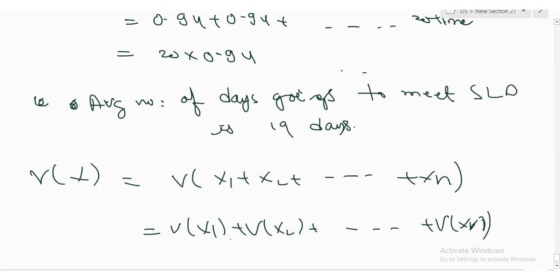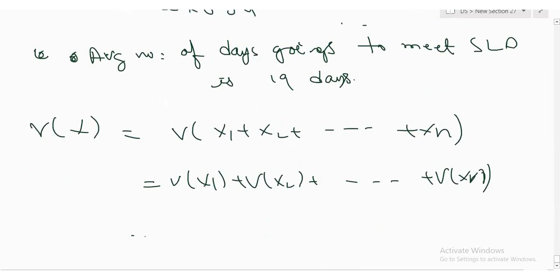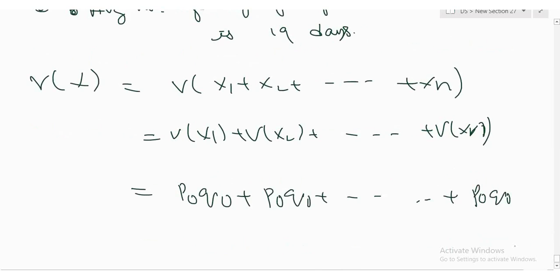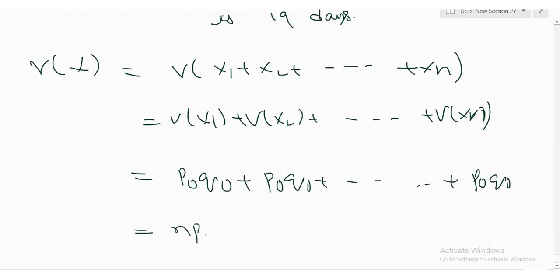What is the Bernoulli variance of X? P naught Q naught, right? P naught Q naught, and so on, N times. So how much is this?